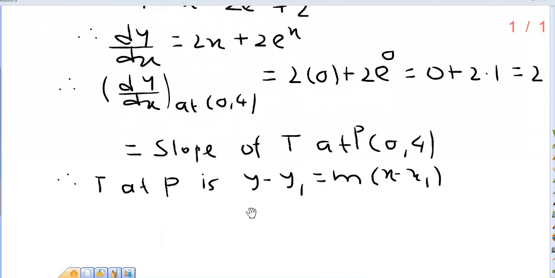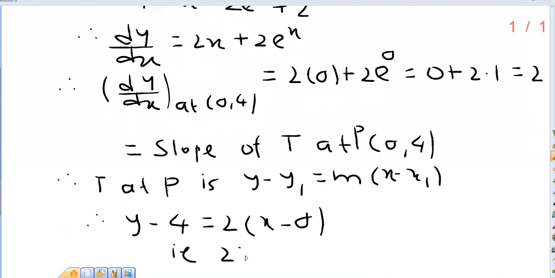Slope of a line is usually denoted by small m. Therefore, y minus 4 equal to 2 into x minus 0. Generally, we write the answer in this form: 2x minus y plus 4 equal to 0. This is the equation of tangent.